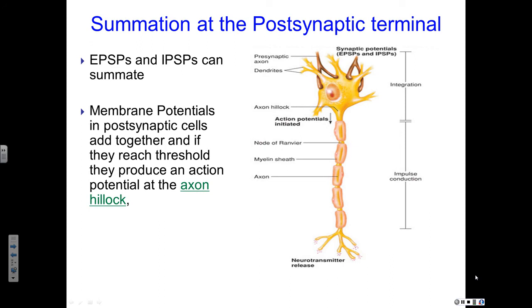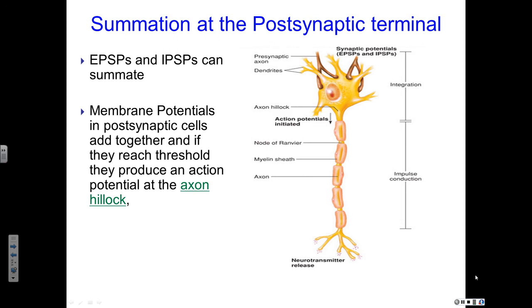Okay. And you add them up at the hillock. That's where you add them up. So they're coming in. See, this shows, right? These here are terminals coming in with signals, and then you're going to get signal here, signal here, signal here, if they're firing, and then they're going to add up here.